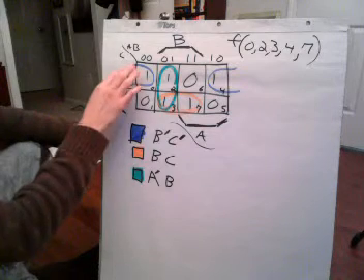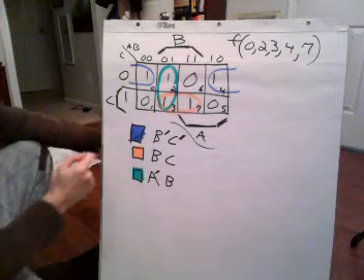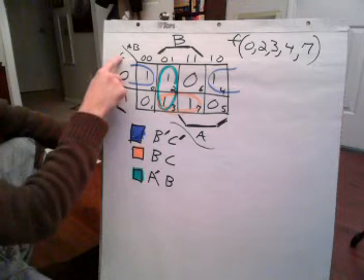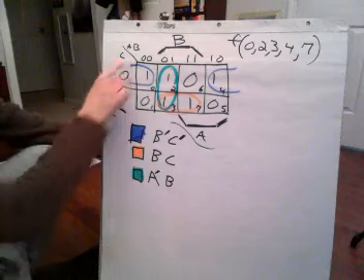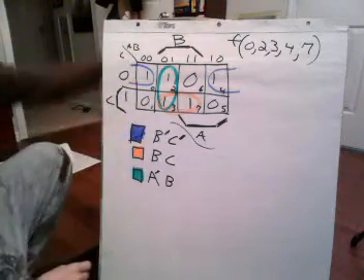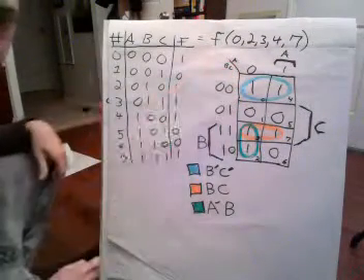And whenever I changed the dimension, I changed which variables were in which areas. So here, the lone variable is C, while A and B are grouped together. And in the first one, we had A being the lone variable, while B and C are grouped together.